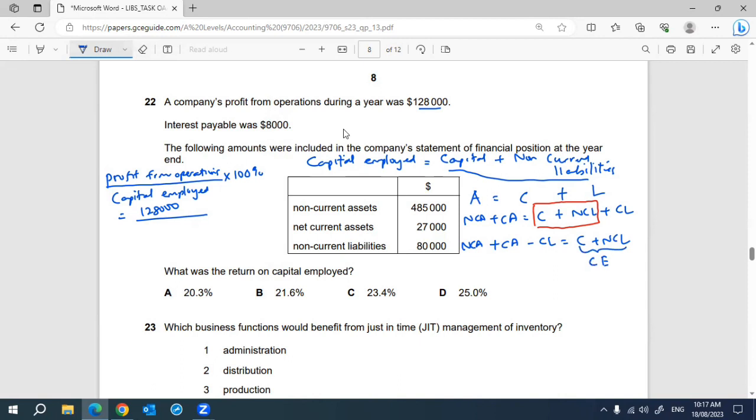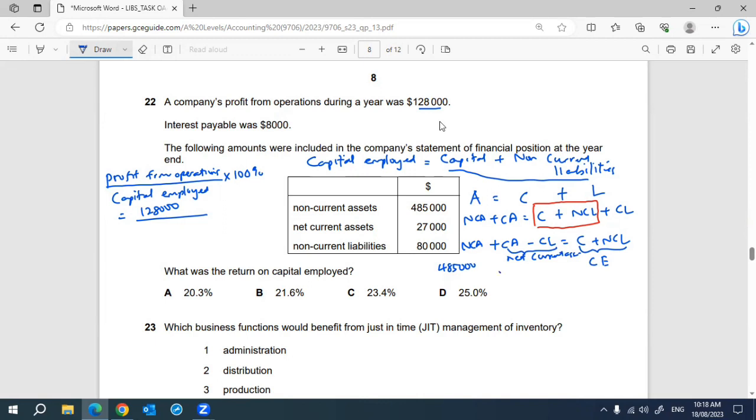From the table, our non-current assets are 485,000. Now we do not know the figures for current assets and current liabilities individually, but we know that current assets minus current liability is also known as net current assets.